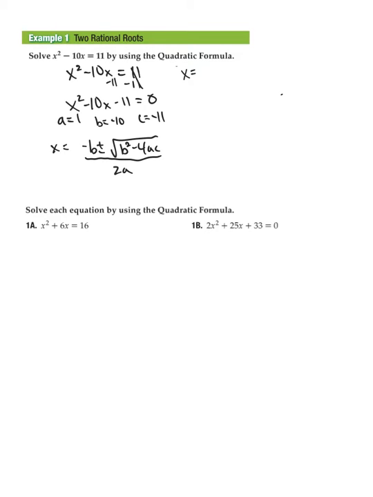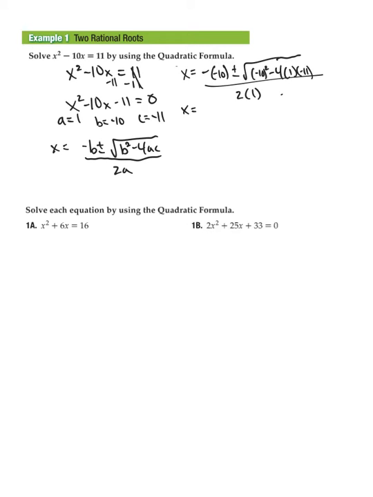So x equals negative, what are we substituting in for b? Negative 10, plus or minus the square root of negative 10 squared minus 4 times, what's the coefficient a? 1, times c, which is negative 11, all divided by 2 times a, which is 1.